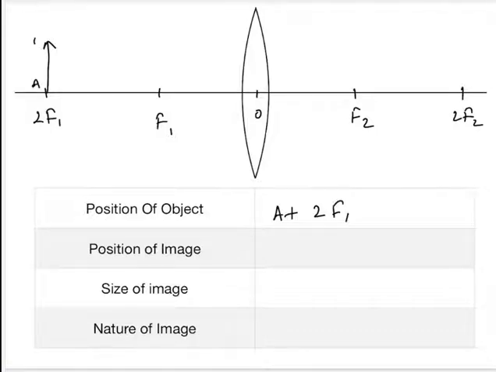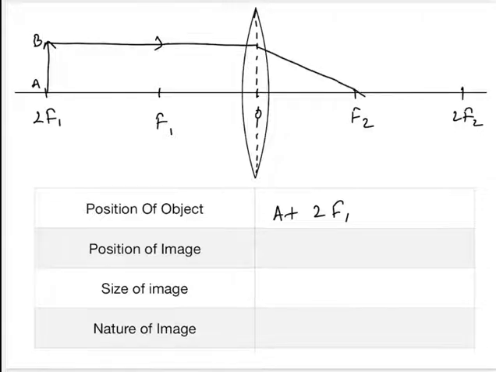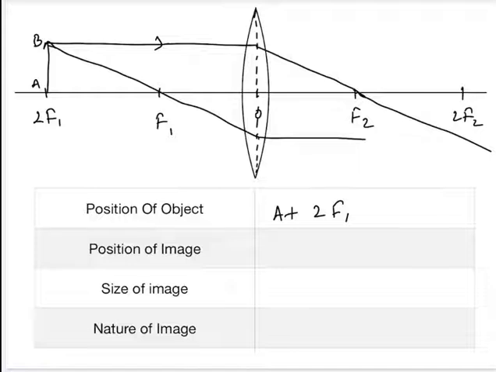A and B, one ray parallel to the principal axis would pass through the principal focus, and another ray which passes through the principal focus will go parallel to the principal axis, and the image will be formed at 2f2.